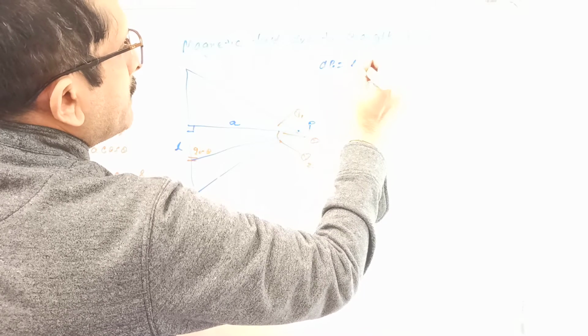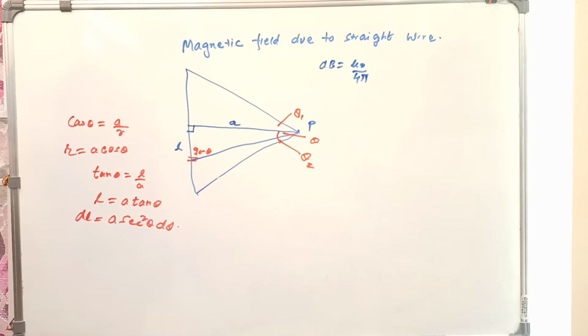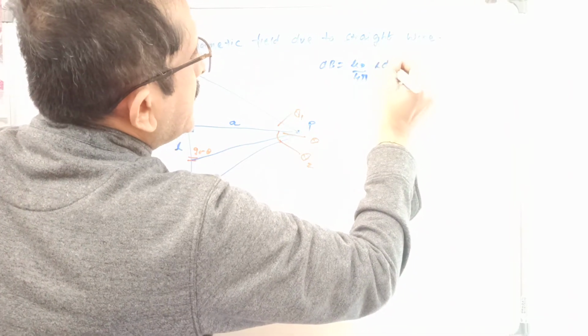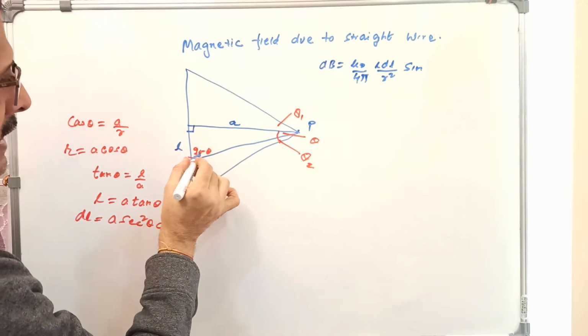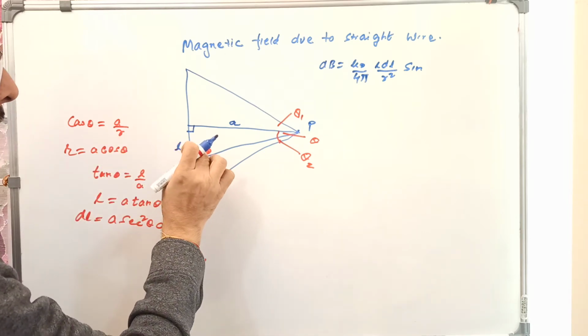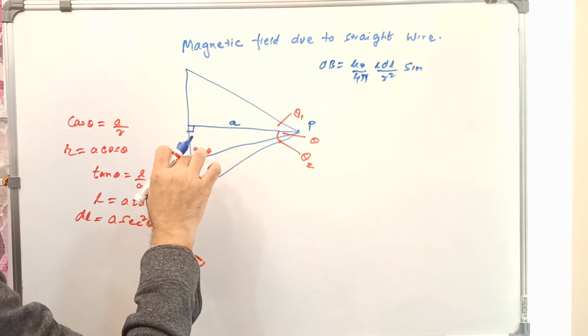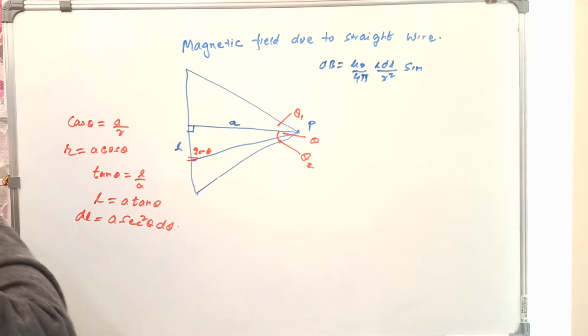As per the Biot Savart's law, we know dB is equal to mu naught by 4 pi, I dl by r square, sine, remember it was sine of this angle, but in this derivation I have assumed this as 90 minus theta rather than theta, which was assumed in the earlier lecture. So I will put whatever we have assumed here. So this is sine 90 minus theta.